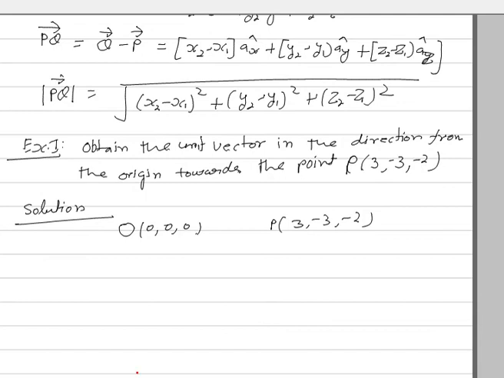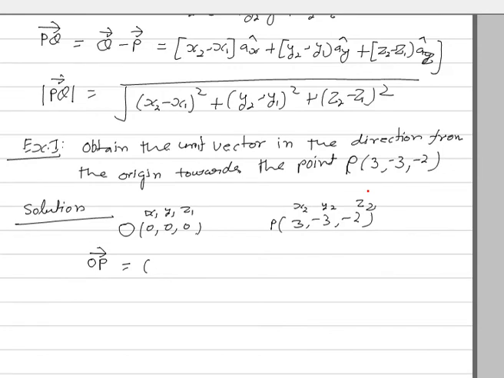Now, to solve any problem like that, first determine the vector between the given points. So on the basis of the given points, the vector OP is, basically, this is x1 y1 z1, we can assume, and this is x2 y2 and z2.